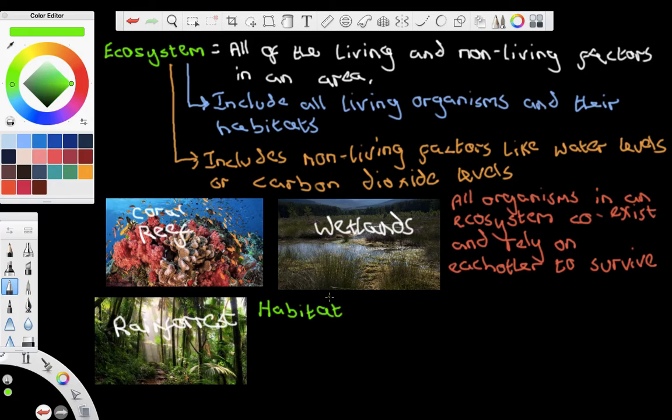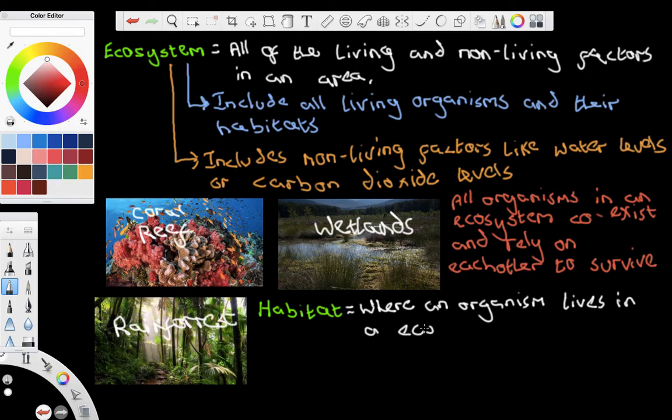A habitat can be defined as where an organism lives in an ecosystem. So, for example, the fish live in the water around the coral reef. That is their habitat in this ecosystem.